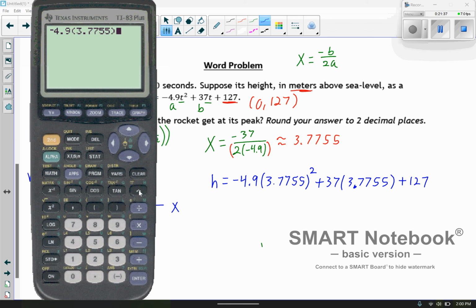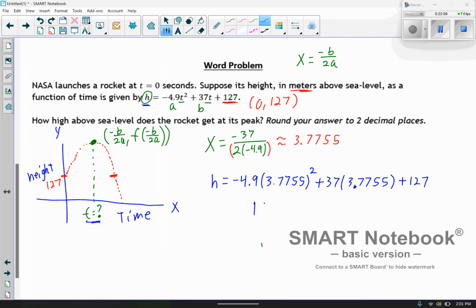3.7755, close that, and I'm going to raise it to a power of 2. And I'm going to do plus 37 times 3.7755, close that parentheses, and then I have to add 127. I think that looks good. I'm ready to go. Our maximum height is going to end up being 196, and I'm going to round that to 0.85. $196.85.